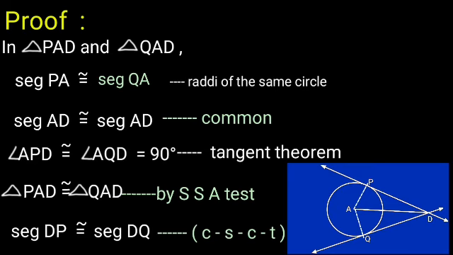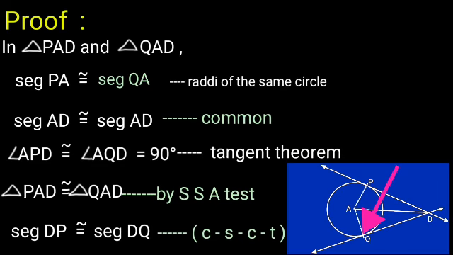Segment AD is congruent to segment AD because they are common. Angle APD is congruent to angle AQD, equal to 90 degrees, by the tangent theorem.